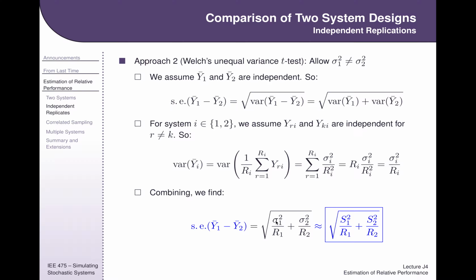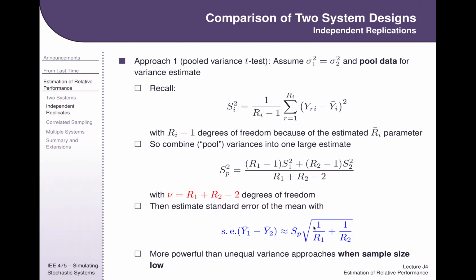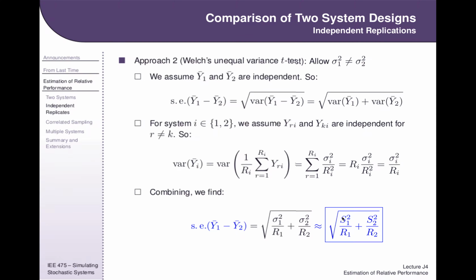And so we can estimate the individual variances for system 1 and system 2 and plug them in, and now we have that formula there. And you should recognize that this formula looks very similar to this formula if these two variances were the same. Because if these two variances were the same, you could factor that out, take the square root, and you'd end up getting this formula. So that's where that comes from.